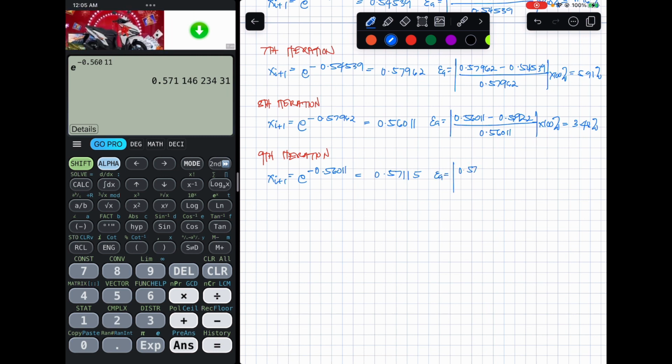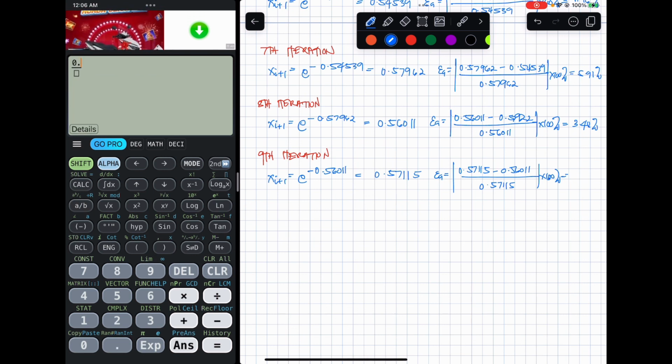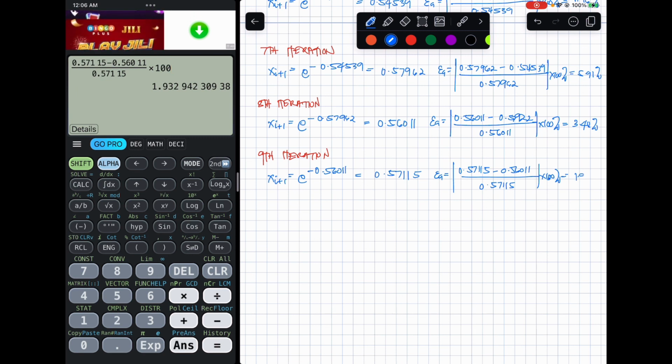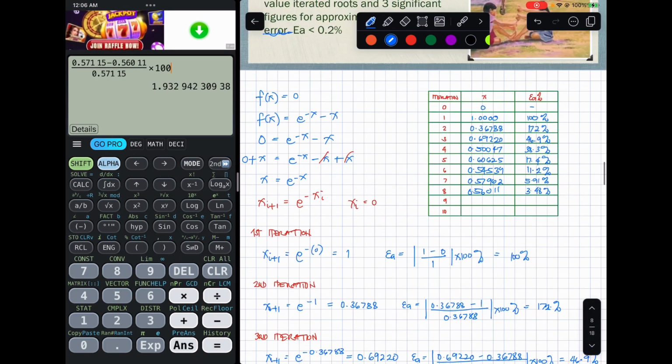So 0.57115 minus 0.56011, over 0.57115, times 100, so 1.93%.